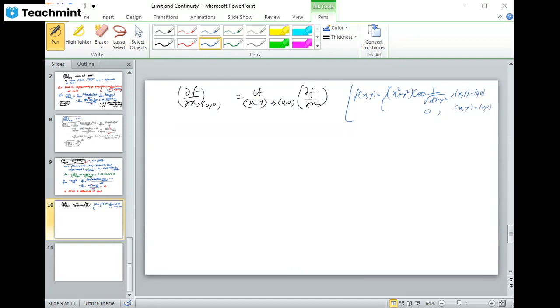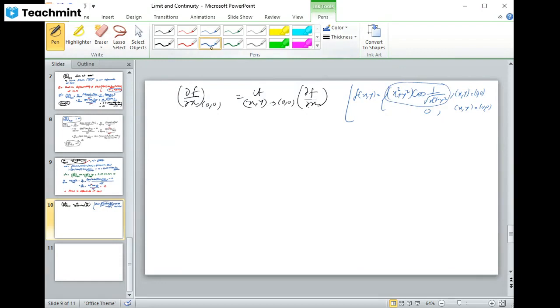Because I want to find the limiting value, x and y are not equal to (0, 0). So basically, I need to differentiate my function in the neighborhood of the point (0, 0).